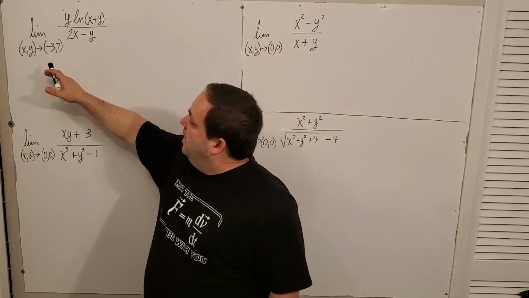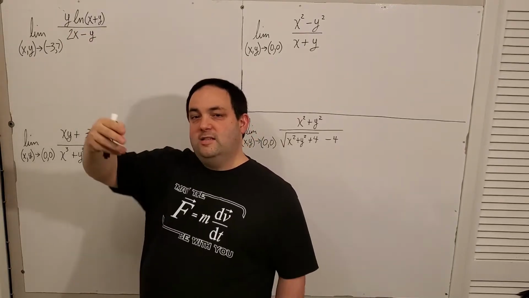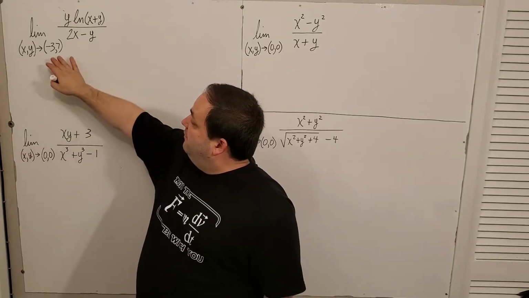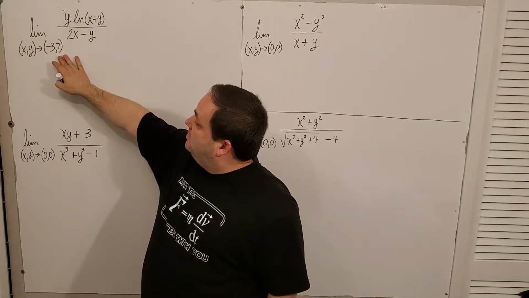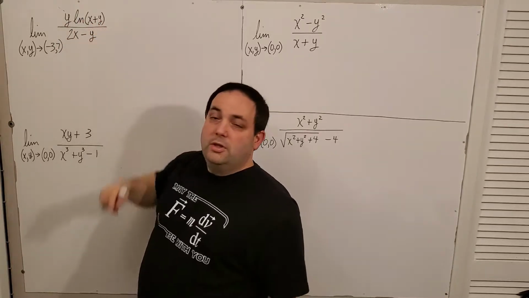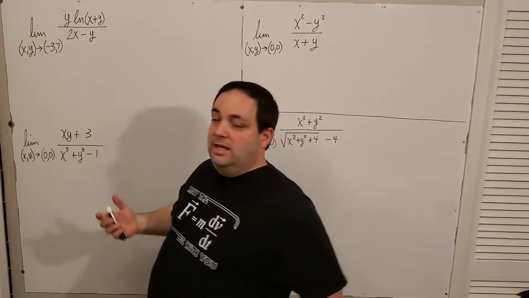So right here, I'm just going to notice real quick, this is stage 1 for all of your limits: try to plug in the numbers. If I plug in -3 for x and 7 for y, let's see what happens.